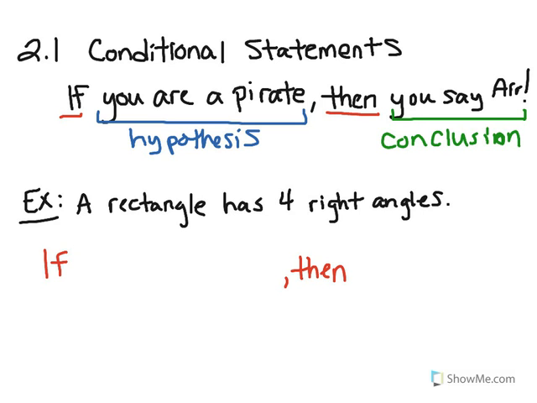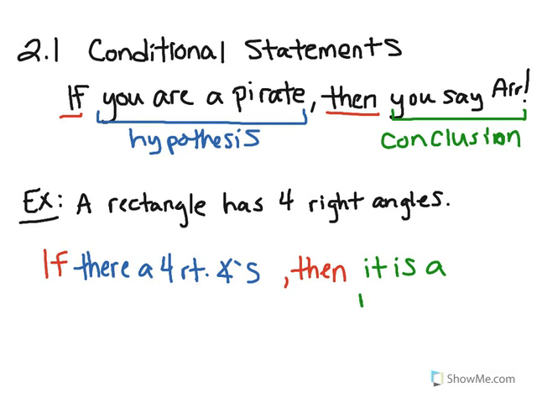So you have to kind of play around with this, and it takes some practice. So in here I could say, if there are 4 right angles, and I'm going to use my shorthand, if there are 4 right angles, then it is a rectangle.